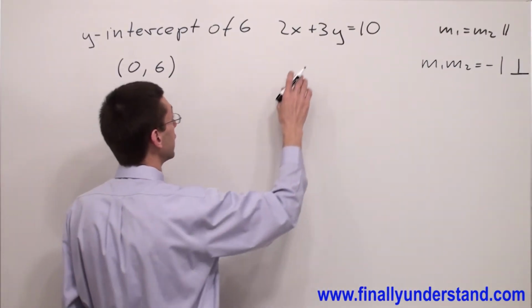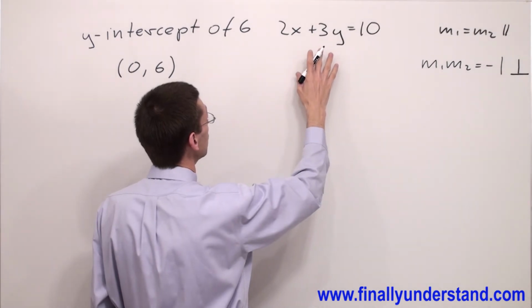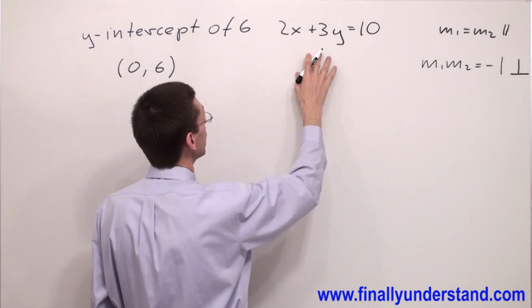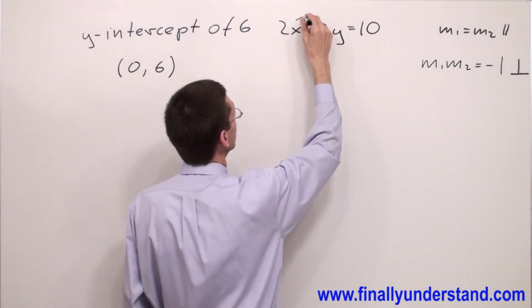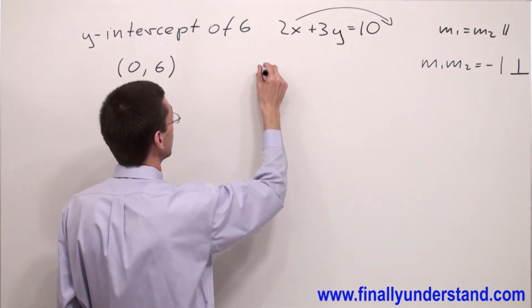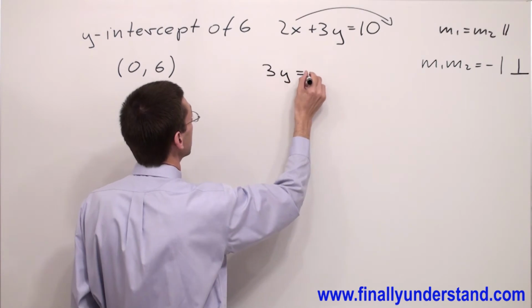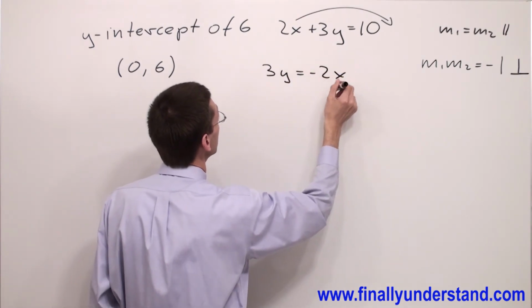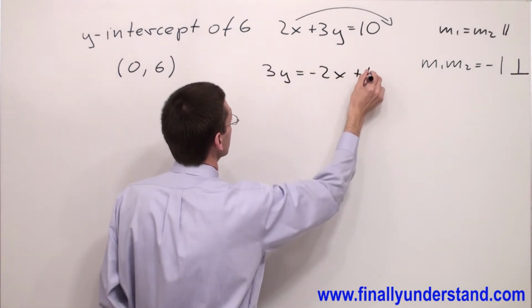In order to find the slope, because we have to find the slope first, we're supposed to solve this equation for y. I'm going to move 2x to the right side of my equal sign. So I have 3y is equal to negative 2x plus 10.